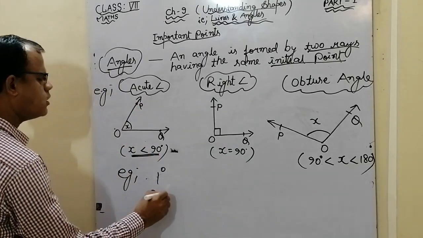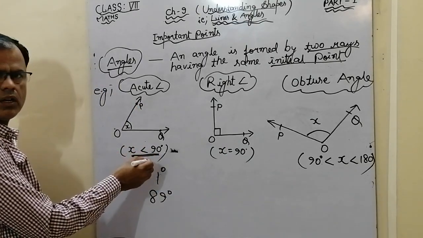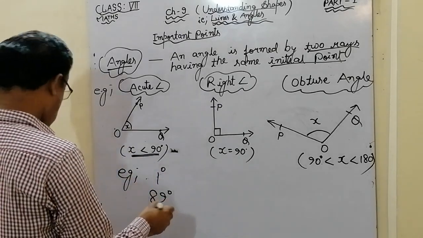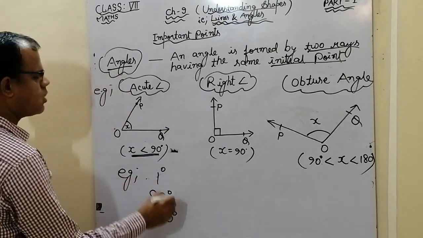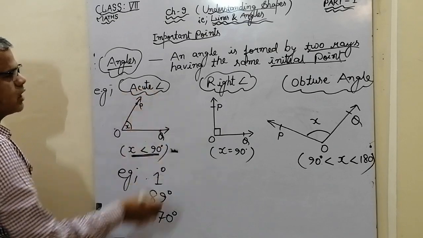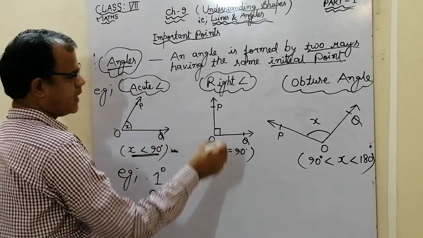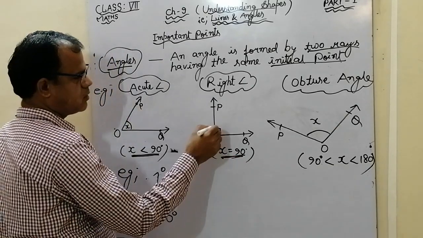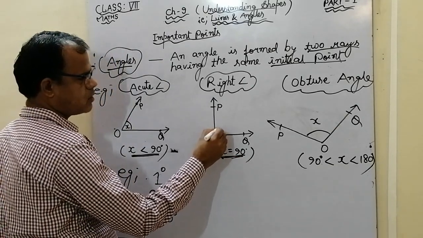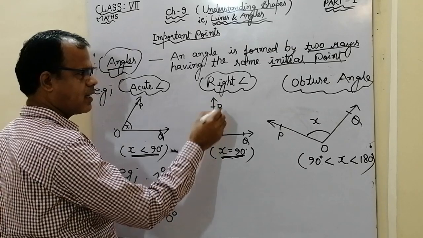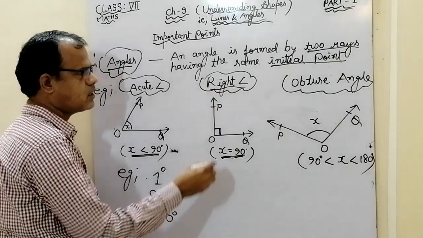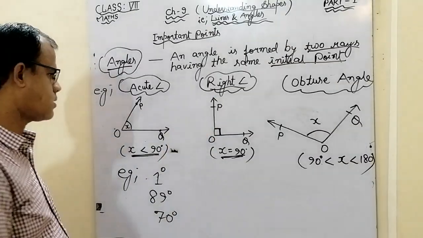Or 89 is also less than 90, or 70 degrees. These are all examples of acute angles. Now come to right angles, exactly 90 degrees. This is the symbol of 90 degrees. An angle having exactly 90 degrees is known as a right angle.